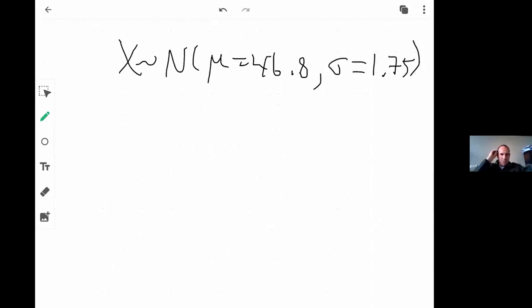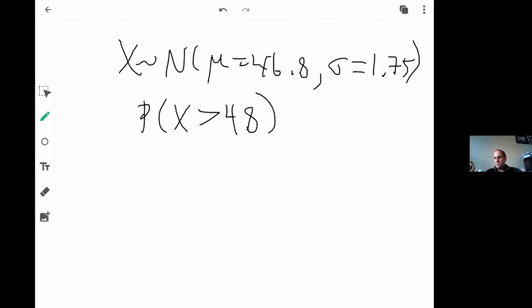The maximum speeds have mean 46.8 and standard deviation 1.75. We're randomly selecting; what's the probability that the maximum speed is at least 48? So we want the probability that x is greater than 48.